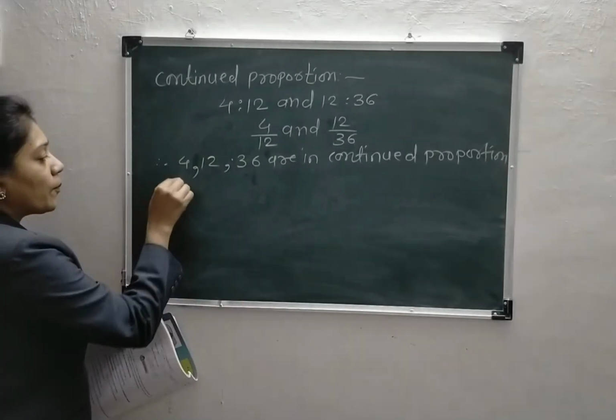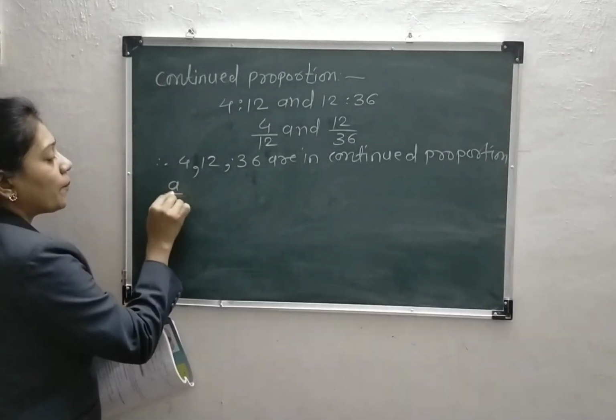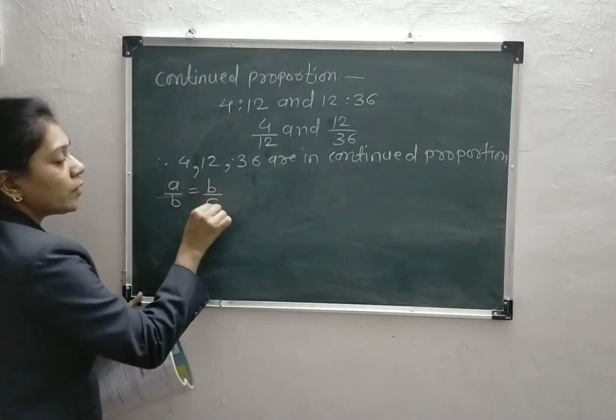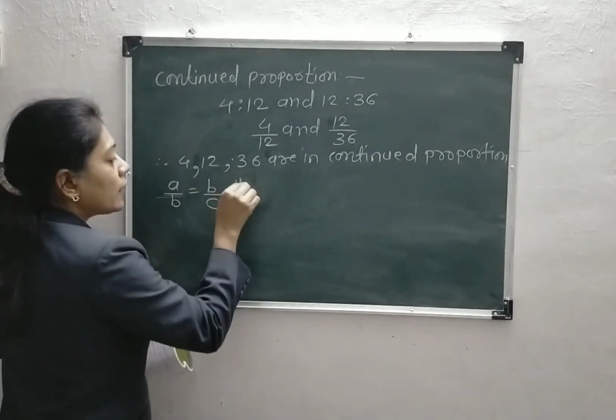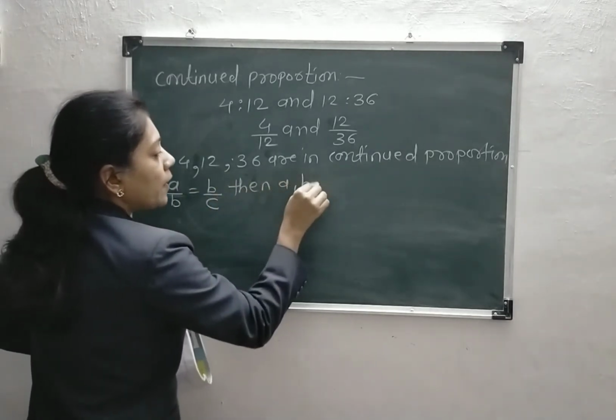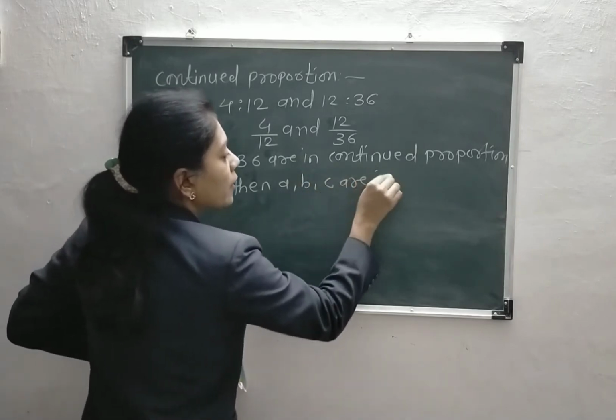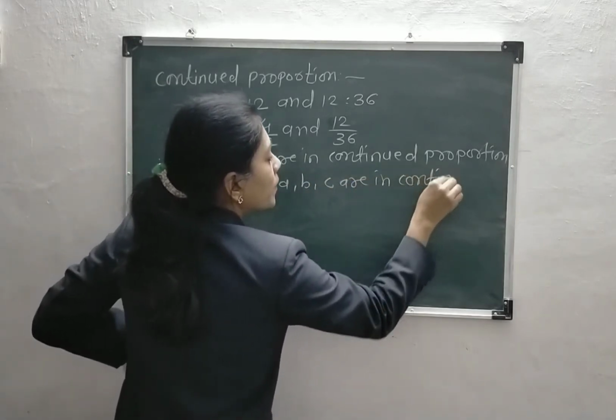Suppose A upon B is equal to B upon C. Then A, B, C are in continued proportion.